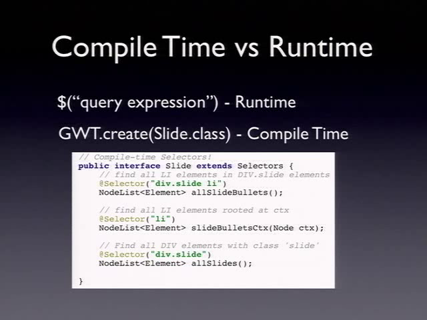Then you hand this off to the compiler, and the GQuery library takes over and uses a feature of GWT called generators. It will parse that div.slide li at compile time. It's like a compiler plugin, and then generates code that actually implements that allSlideBullets function. So no parsing code actually makes it into your output.